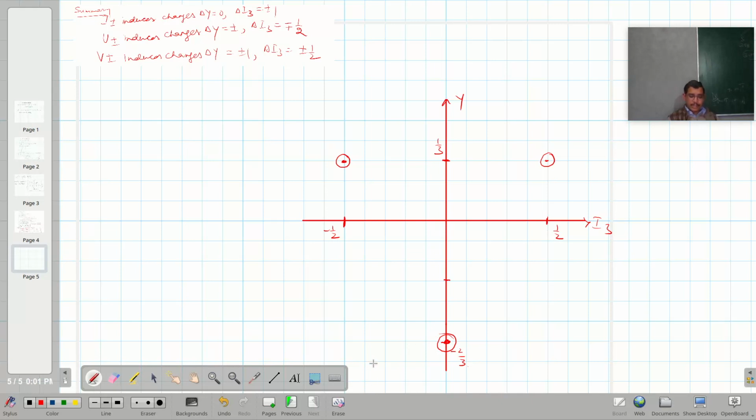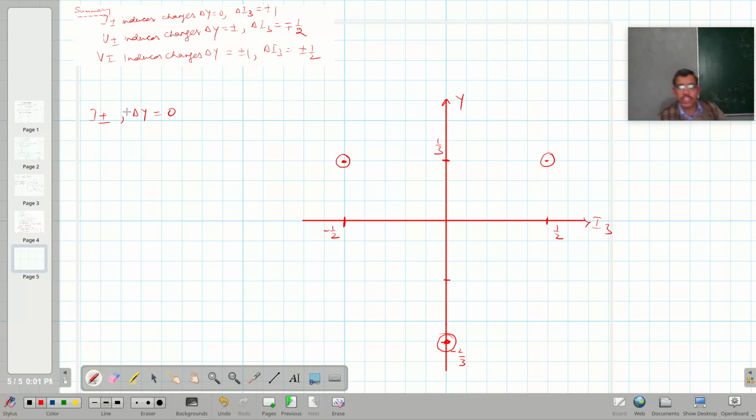So let us now see the effect of I plus minus. What will I plus minus do? For I plus minus, delta y will be 0.